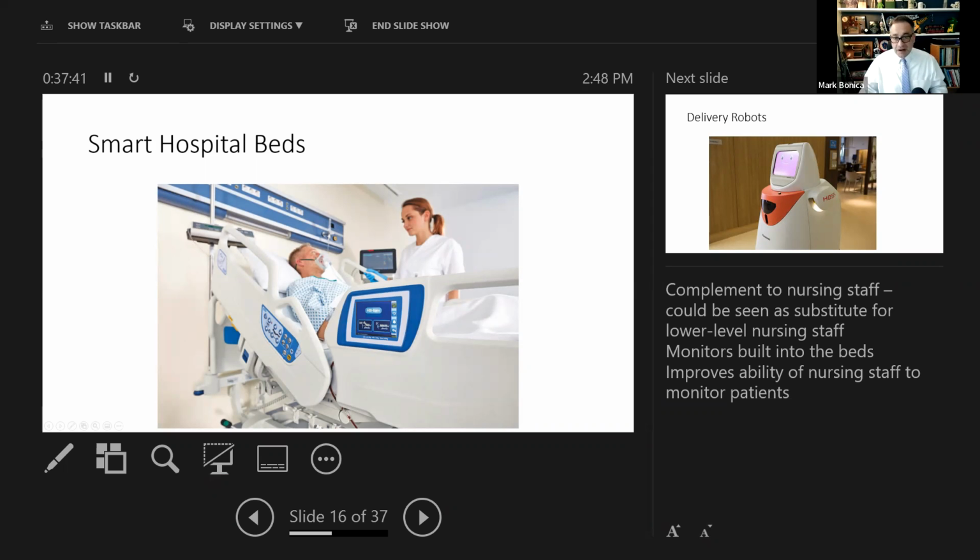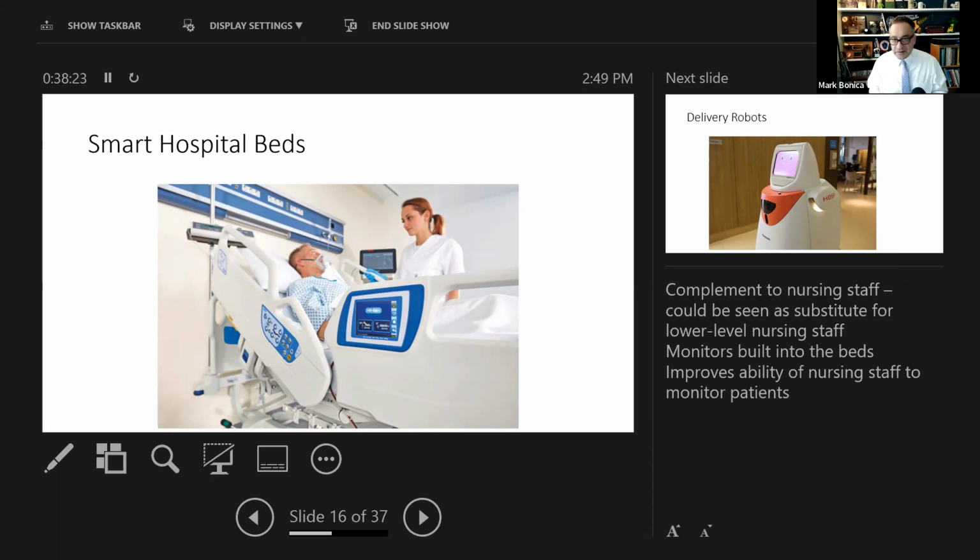But this bed has sensors built into it that keep track of your blood pressure, your movements, your breathing, all kinds of stuff, so that the nurses don't have to come over and do a blood pressure check on you every couple of hours, because the bed is doing it continuously. That's an amazing contribution to quality outcomes, right? Because the bed is monitoring you constantly, unlike a nurse having to come and go out of the room to check on you.